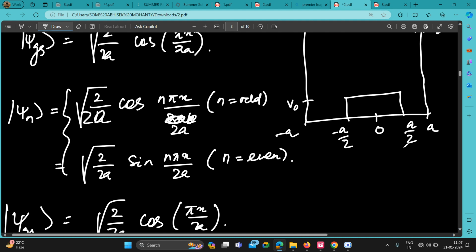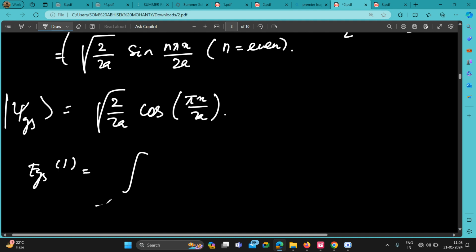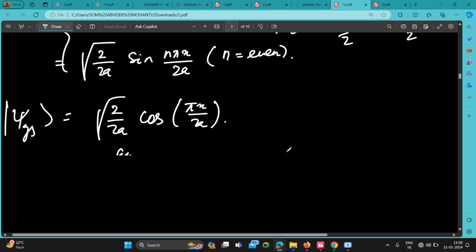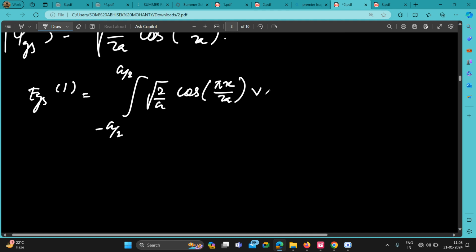Minus a by 2 to a by 2 is the perturbation, that is v naught. So integral from minus a by 2 to a by 2 of root over 2 by a cos pi x by 2a into v naught into root over 2 by a cos pi x by 2a dx.